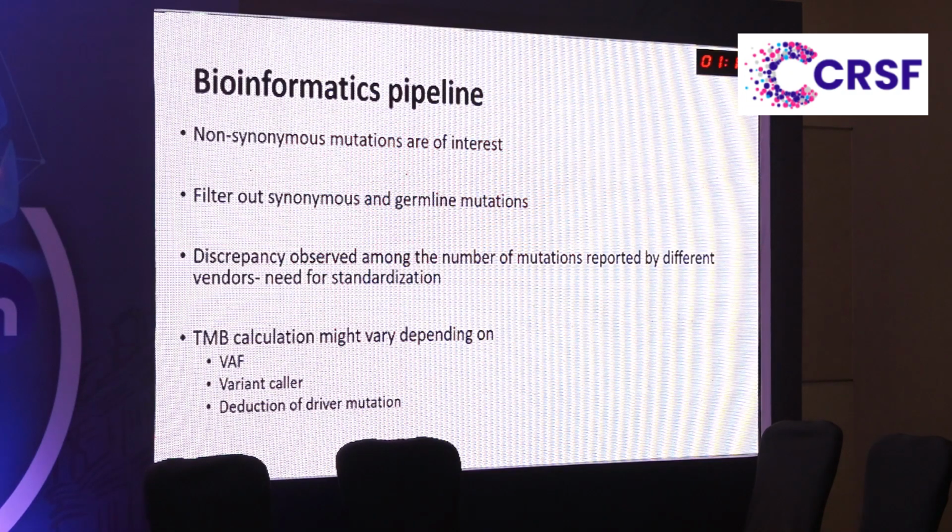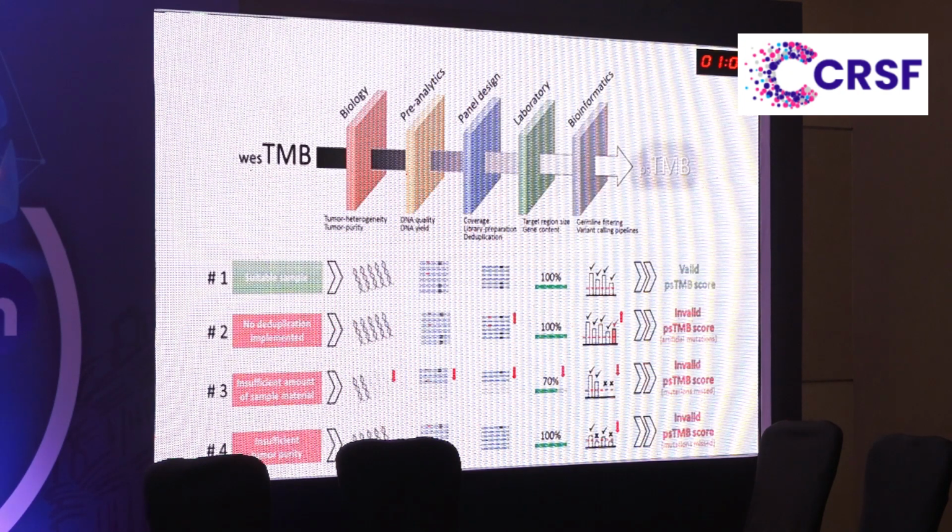to decide on the therapy. Another challenge for the TMB is the bioinformatics analysis, especially for the laboratory. It is more challenging because they have to focus only on the non-synonymous mutations and filter out the germline mutations. So it is not a very simple bioinformatic analysis.